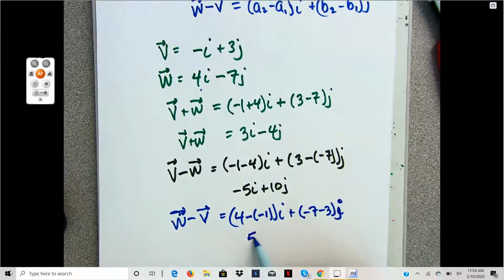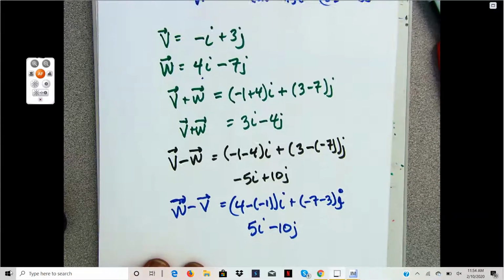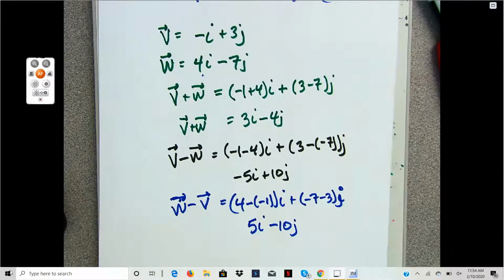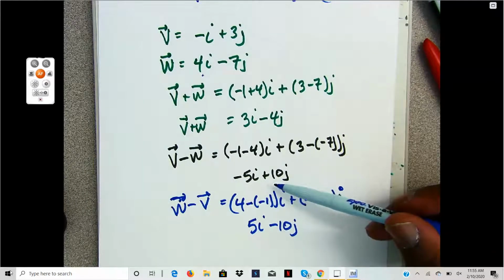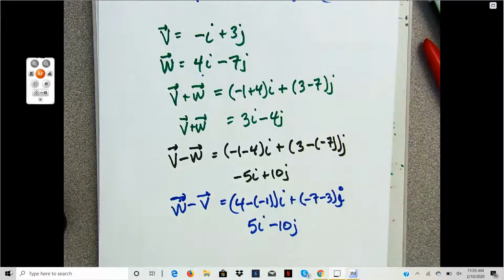So in this case, it's 5i minus 10j. Now, take a look here, it seems like these became opposites. That cannot be applied to everything, right? That probably cannot. So please don't assume that this is going to happen. Make sure you work the problems out.